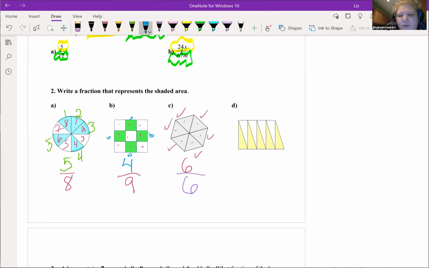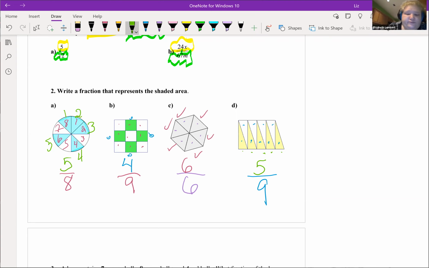So let's count how many we got. 1, 2, 3, 4, 5, 6, 7, 8, 9. So there are 9 funky shaped triangles here. Assuming the whole shape is a whole, those are 9ths. And we check: 1, 2, 3, 4, 5 of them are shaded. So that picture represents 5/9 of that funky shape.